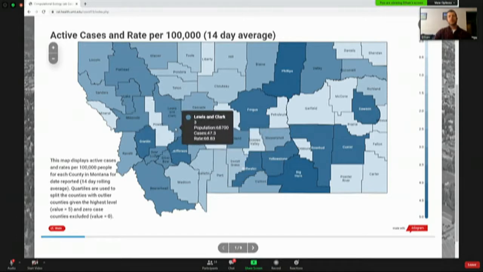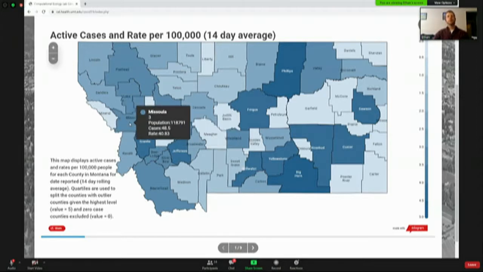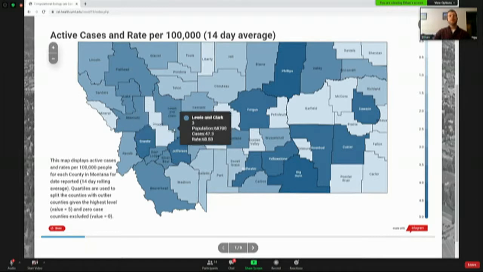Looking at Lewis and Clark County, they have a very similar average case number, 47, compared to 48 from Missoula County. However, due to their lower population, Lewis and Clark County has a higher incidence rate over the last 14 days.